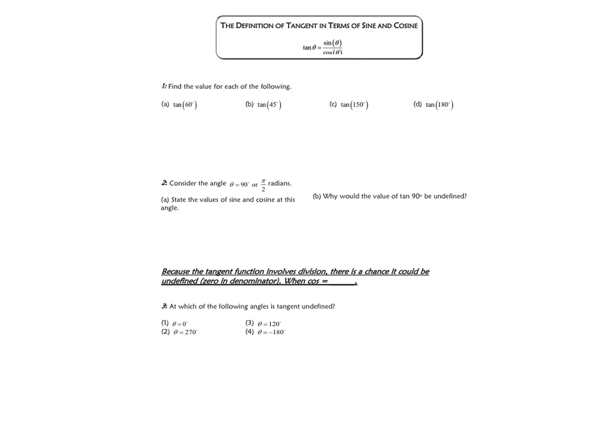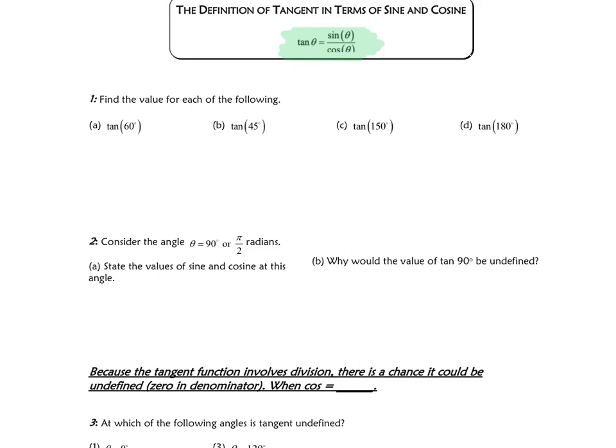Now, given the definition that we just talked about, sine divided by cosine, if we're going to find the tangent. So you do need to know those angles that we just reviewed, all right? So if I want to find the tangent, each one we have to find the following value. If I want to find the tangent of 60 degrees, it is the sine of 60 degrees over the cosine of 60 degrees.